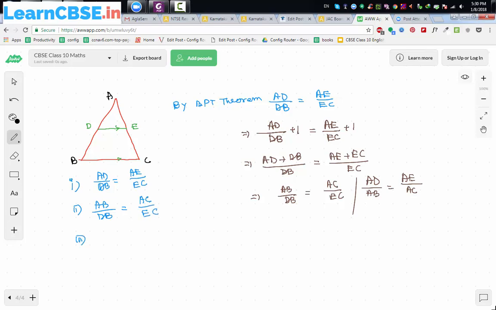The third is AD by AB equals AE by AC. So these are the things we can write from the Thales theorem.